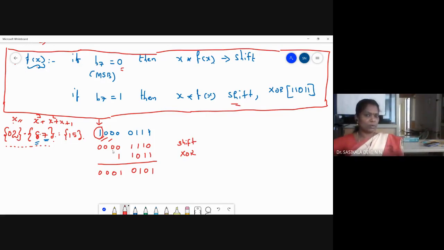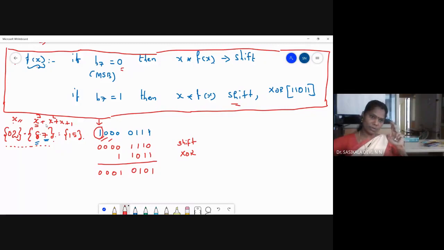Can you understand this concept? If the most significant bit is 0, the XOR operation is not required, simply a shift operation. So that is multiplication by 2. Previously, without this shortcut, we needed to multiply these two polynomials. The resultant polynomial would exceed the degree, because x power 7 multiplied with x gives an x power 8 term, so you have to reduce it by division.